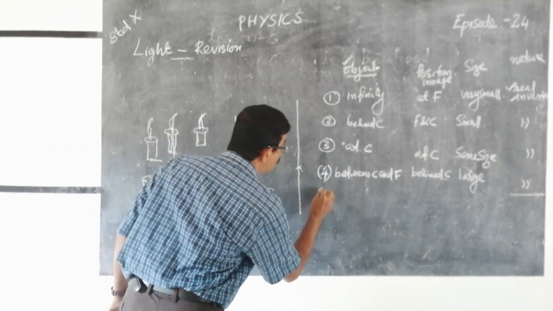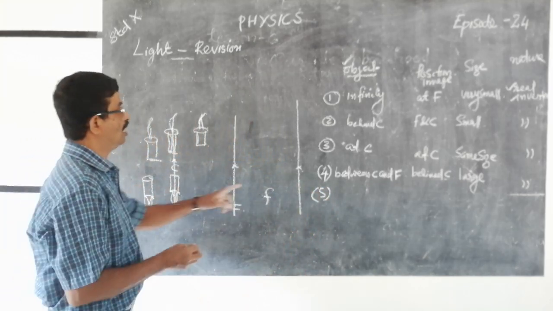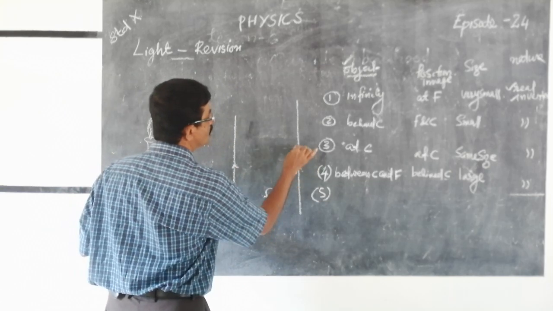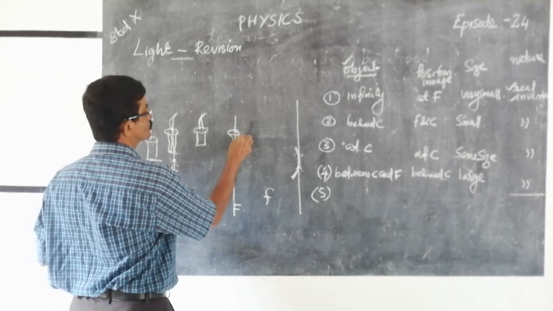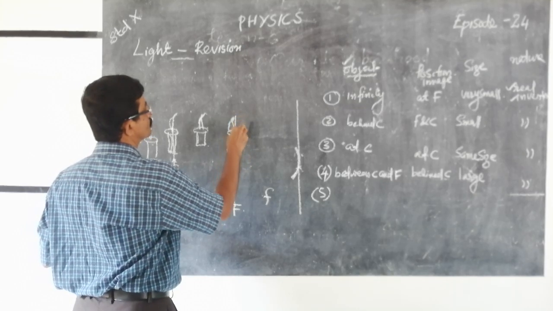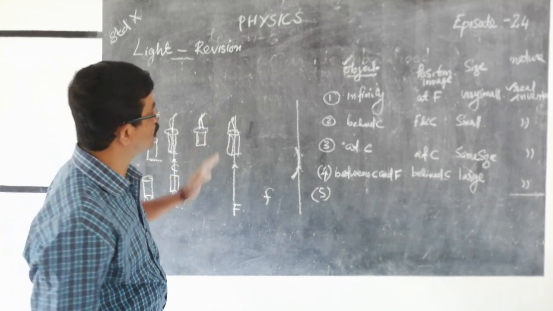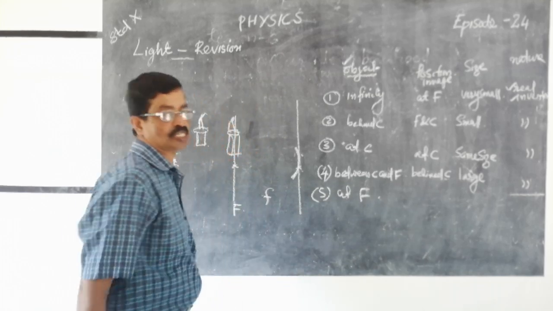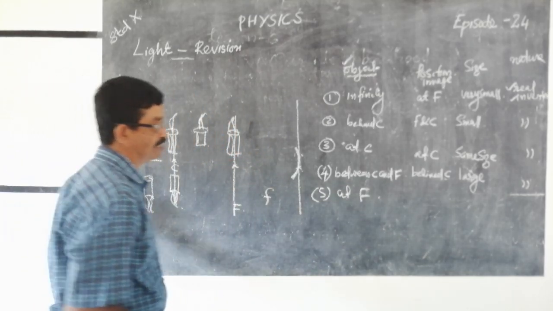Now fifth, you place the object at F. Here the mirror is set. Now the object is at F, the focus. Where do we get the image? Then the image is formed at infinity.